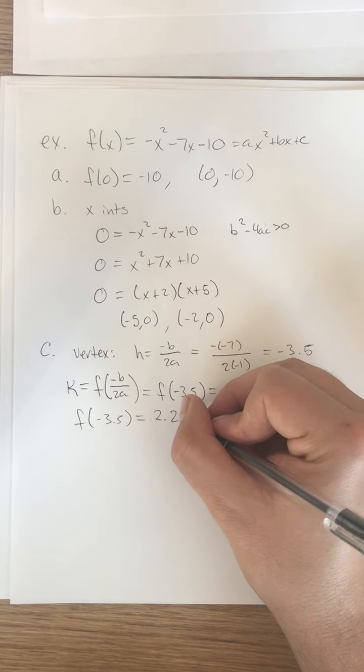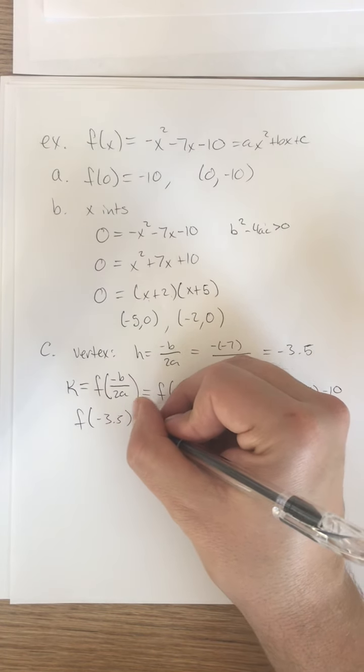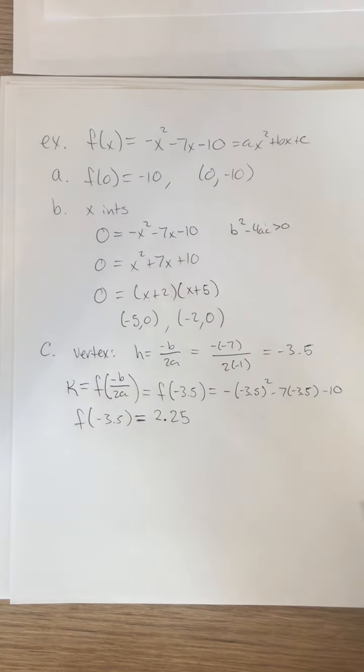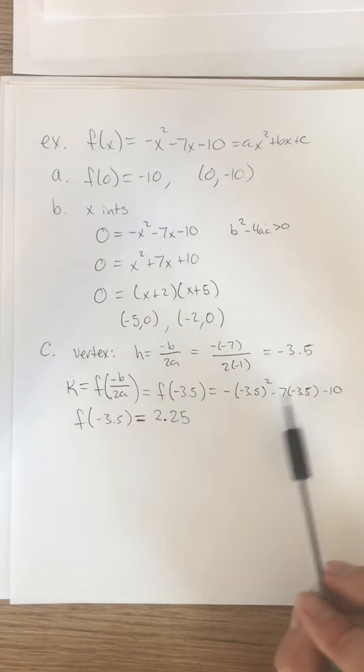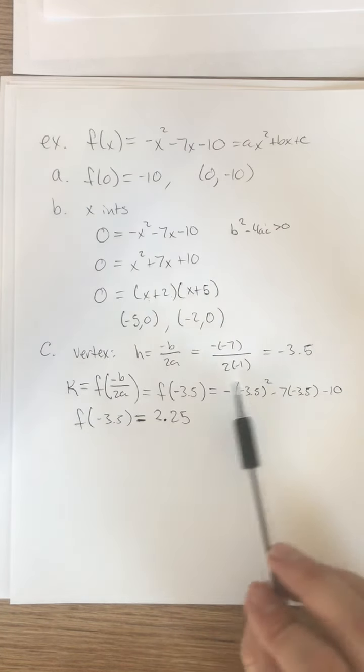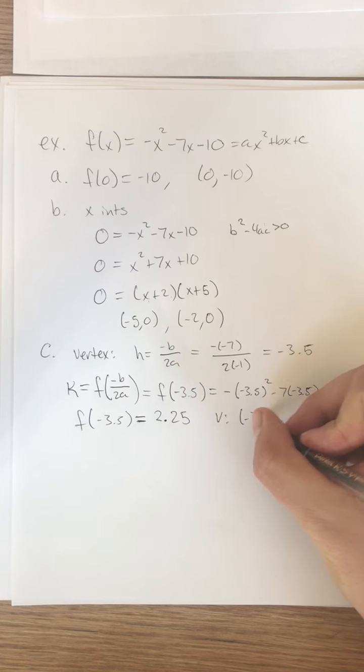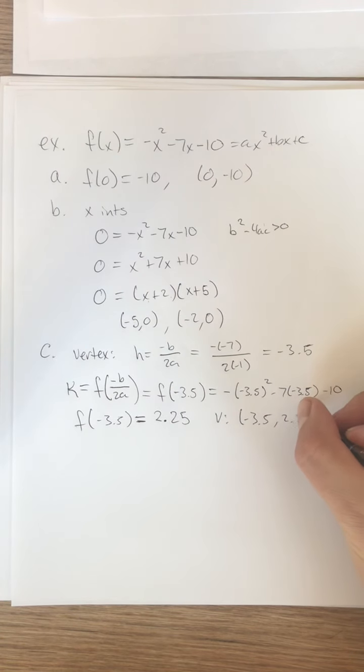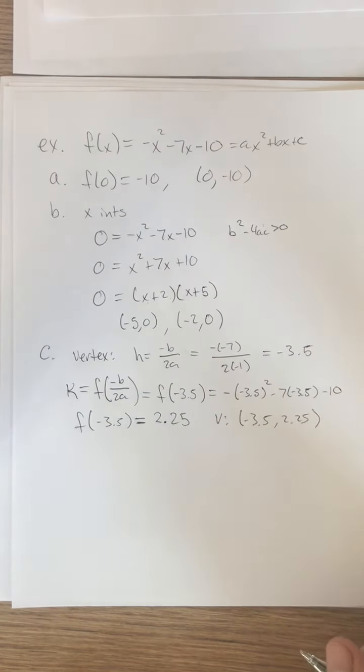And for the sake of saving some space on the page and reducing as much clutter as possible, even though there's a lot of clutter on these types of problems, when you plug in negative 3.5 into this function, you get the output of 2.25. So the vertex is at negative 3.5, 2.25 on the y.